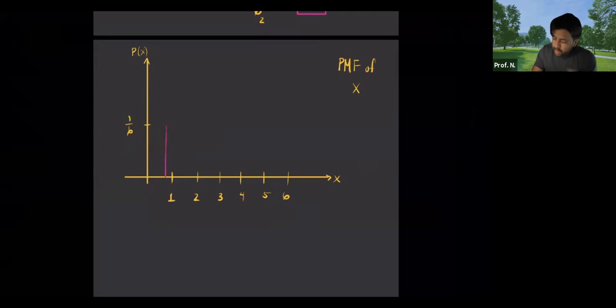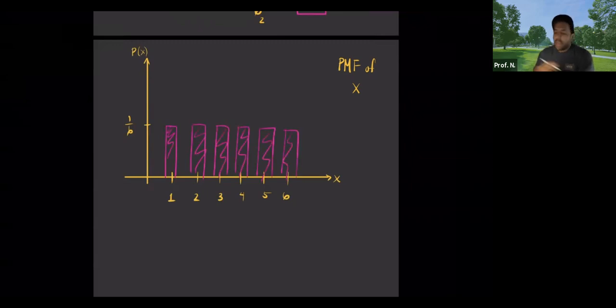Well, it will be very uninspiring in a way, because all of these probabilities are exactly the same. They're 1/6. And then what does the 3.5 represent? The expected value or the mean.